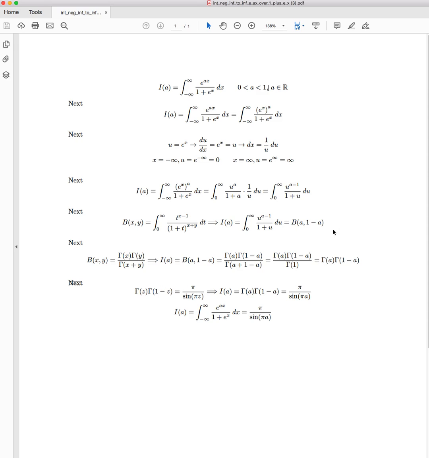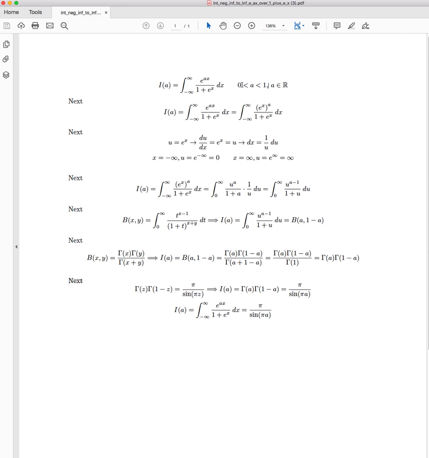Now, a in this situation, as was given to me in the question, is a parameter between 0 and 1. It doesn't allow for 0, and it doesn't allow for 1. And so the restriction that we have in using Euler's reflection formula here is satisfied, because remember, it is that z is not an integer. Well, our value a is not an integer, so that's satisfied.